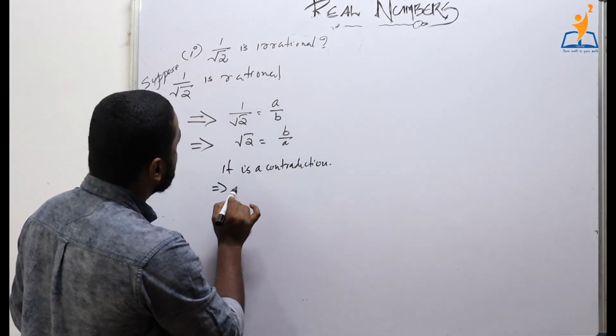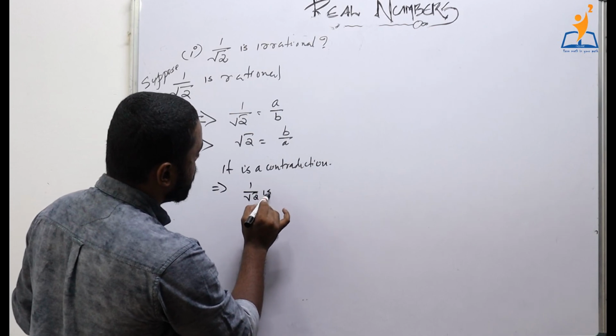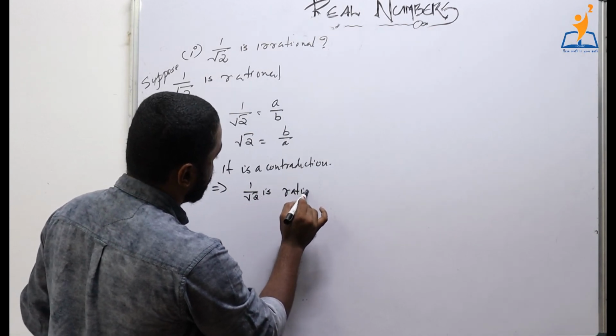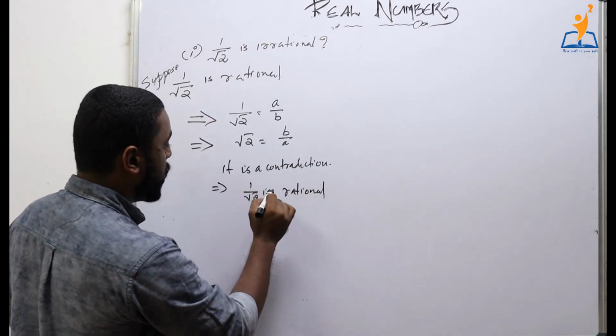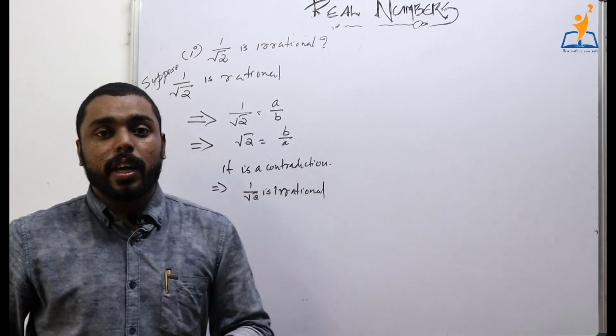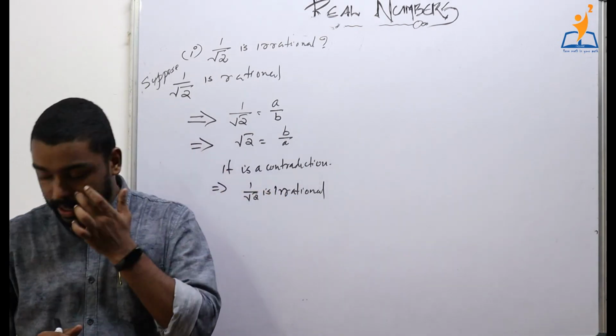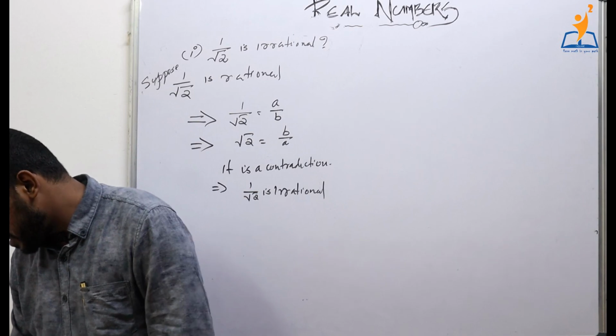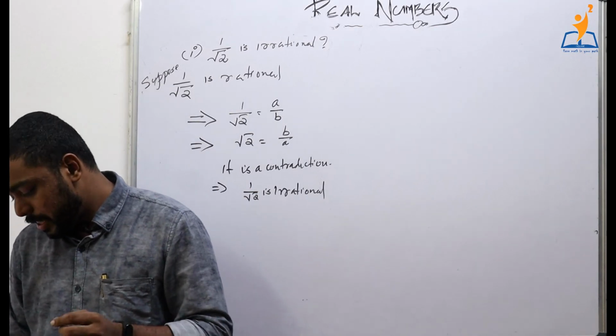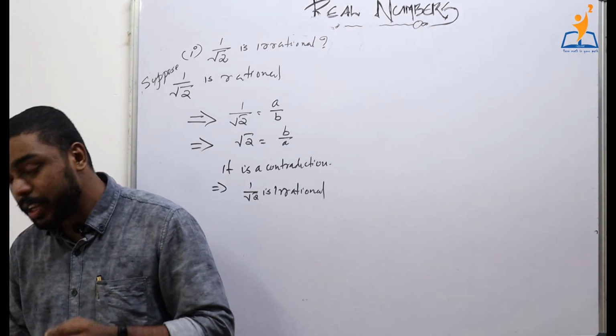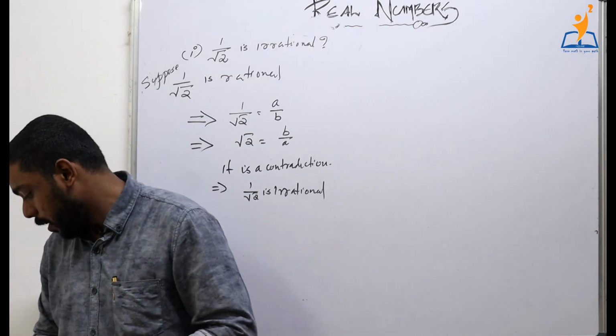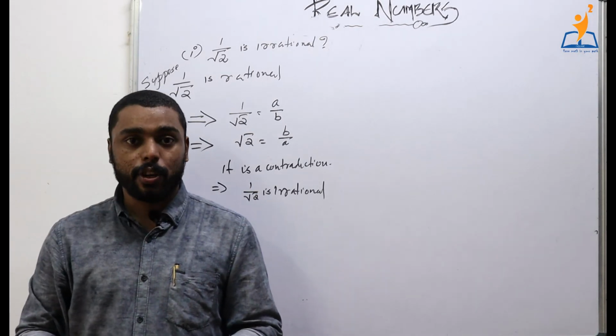Which implies 1 by root 2 is irrational. Hence, we can conclude that 1 by root 2 is an irrational number. Similarly, you can prove that 7 root 5 is an irrational number, and 6 plus root 2 is an irrational number. So that's the end of this section.